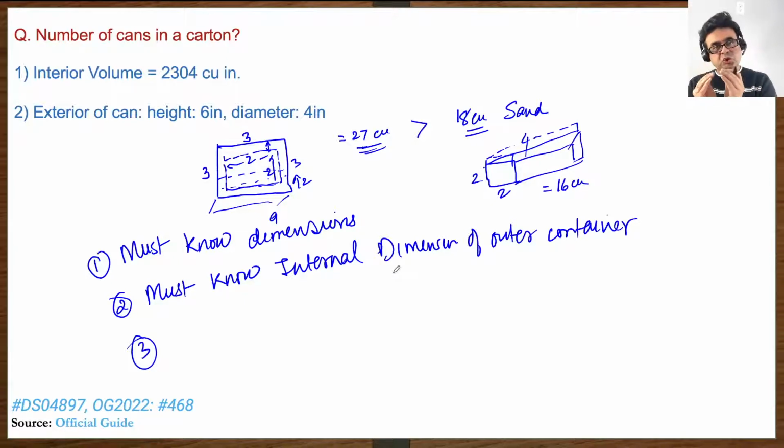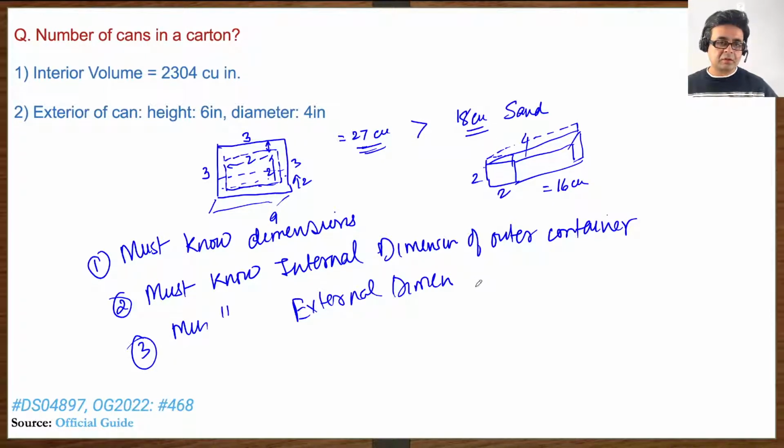So what you should know is the external dimensions of the can or the items that you are trying to fit in the container. Without knowing the external dimensions, you cannot find the answer. So must know external dimensions of the inner container. In this case, that is a can.